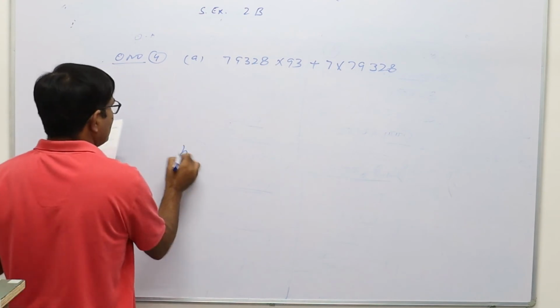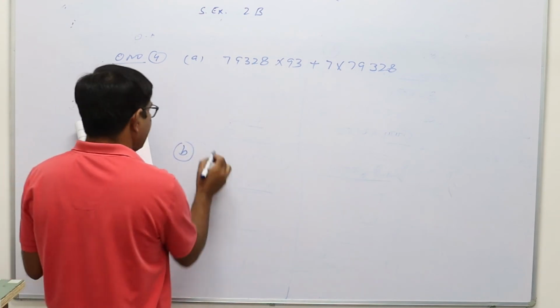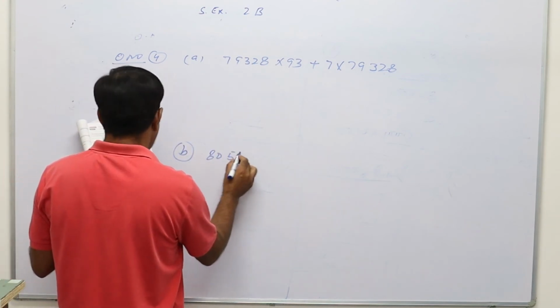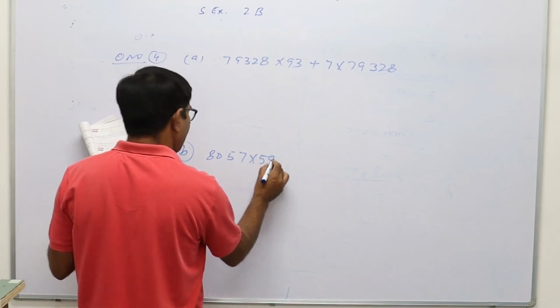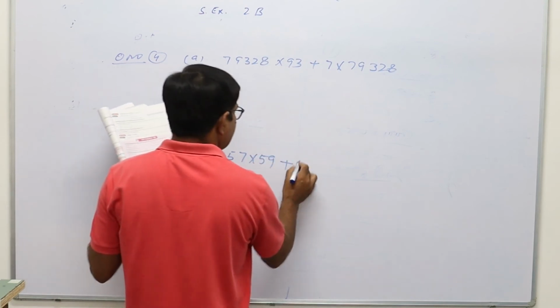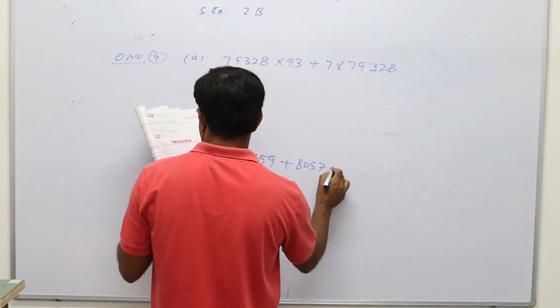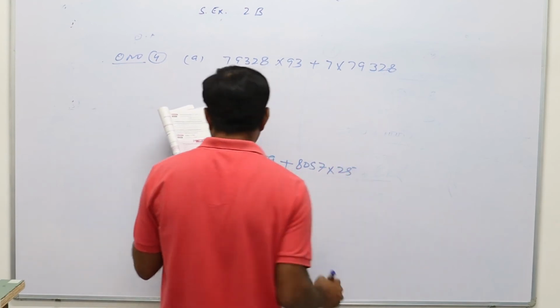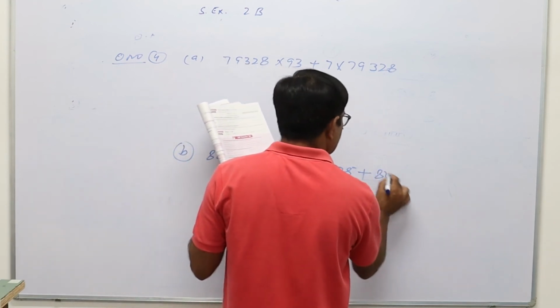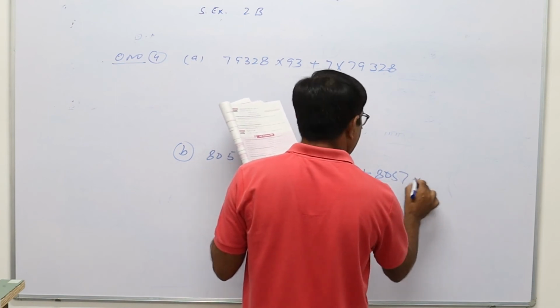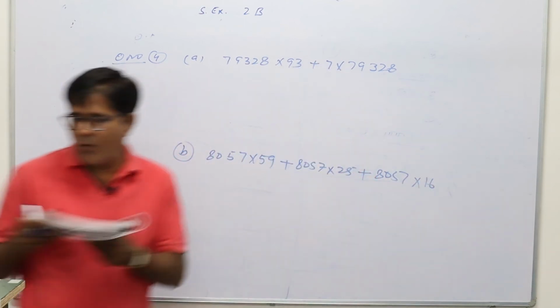This is the first question. And second one is 8,057 multiplied by 59 plus 8,057 multiplied by 25 plus 8,057 multiplied by 16. So these are the two questions.